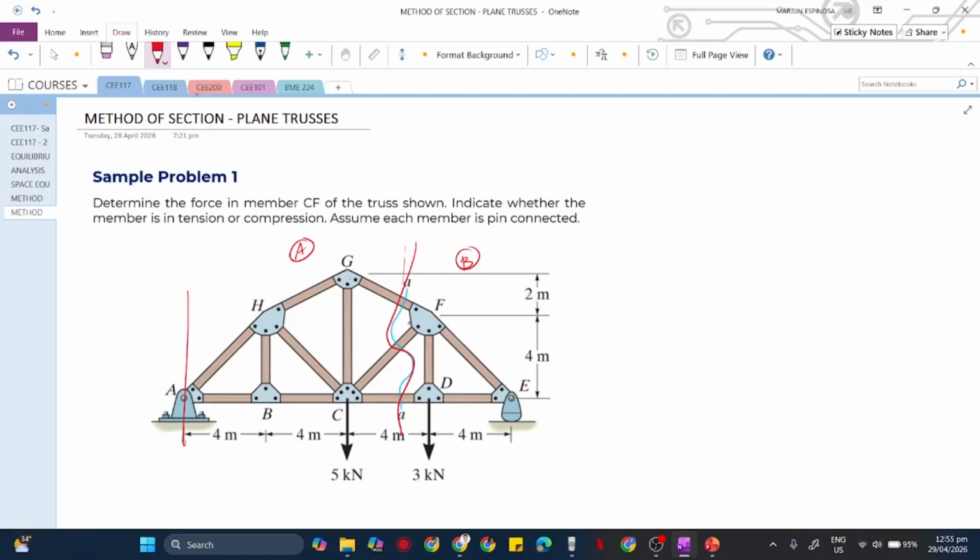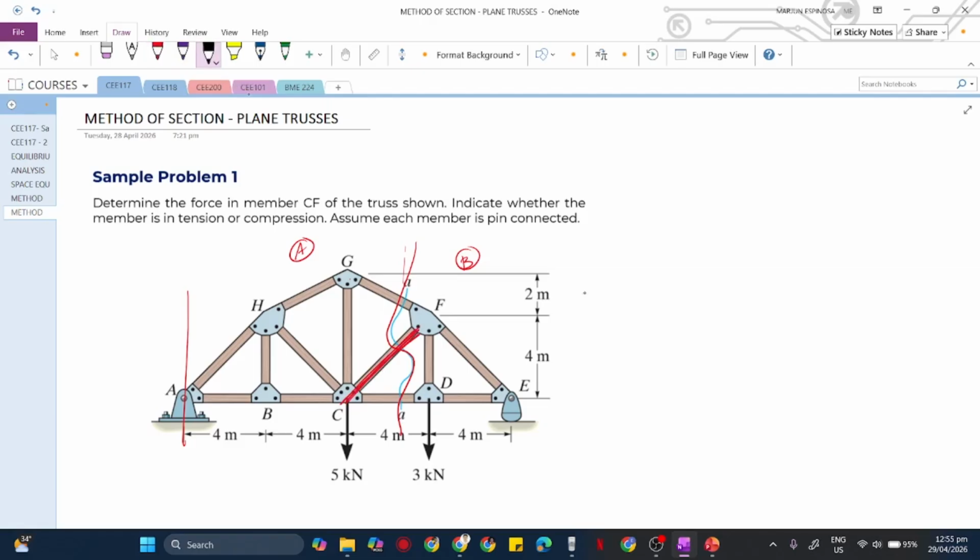As for me, section B is easier because there are fewer members we need to evaluate. Take note that we are only evaluating the force at member CF, so that is very specific.